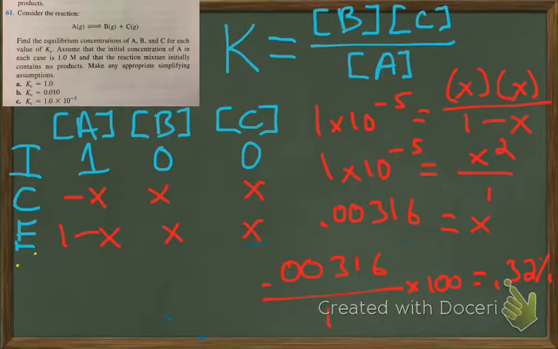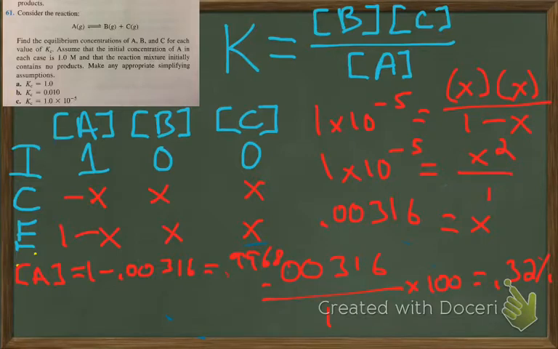So we're already ready to finish this problem. Because if we know what x is, then the concentration of A is equal to 1 minus 0.00316, which is 0.9968, which is really just pretty much 1 molar. Our concentration of A pretty much didn't change.